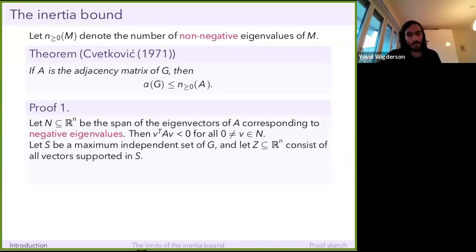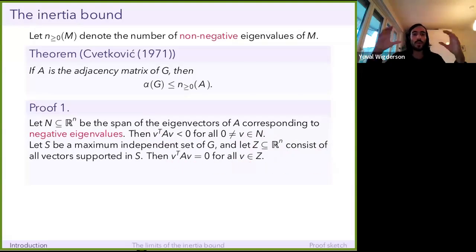On the other hand, if I pick some maximum independent set in the graph, and I let Z denote the set of vectors whose support is just in that maximum independent set, then for every vector in Z, if I look at the same quadratic form, I get 0. Because it's supported in this independent set, the adjacency matrix has all zeros in that block. So when I multiply v transpose by the adjacency matrix by v, I just get zeros. If you compare these two conditions, you see they say different things, and therefore these two subspaces have to be disjoint.